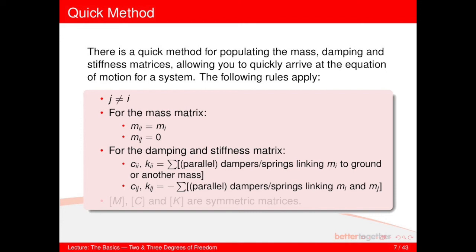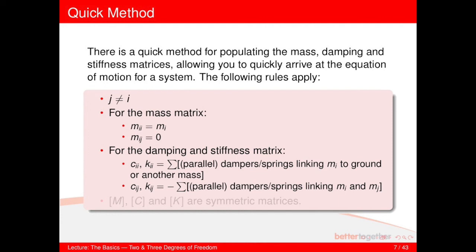So for K11, you take x1 and you look at all the springs that are connected to it and you just add them up, and that will be what's in the diagonal. For the first mass, it will be K11 and the second mass will be K22. And the same for the dampers. So the sum of all the springs and dampers connecting the mass to either ground or to another mass.